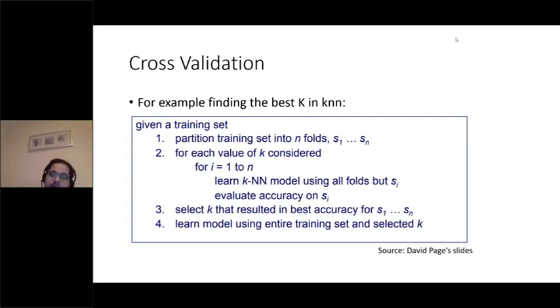Reda, if you go one slide back, please. You know the table for the accuracy?